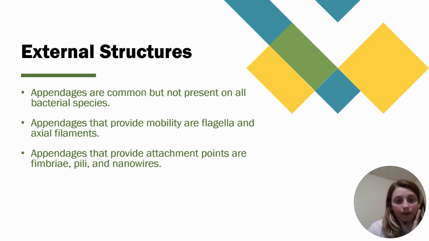External structures. Appendages are common but not present on all bacteria species. Appendages that provide mobility are flagella and axial filaments. Appendages that provide attachment points are fimbriae, pili, and nanowires.